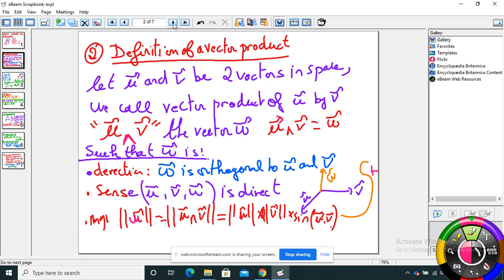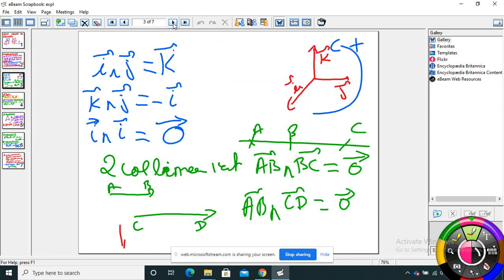Now, I told you that when I say i vector j it gives me k. If I say k vector j, I'm going backwards, and the vector orthogonal to k and j is i, so it's minus i, the opposite. Now i vector i is 0. Why? Because i and i are collinear, on the same line. If I have collinear vectors, they don't form a plane.